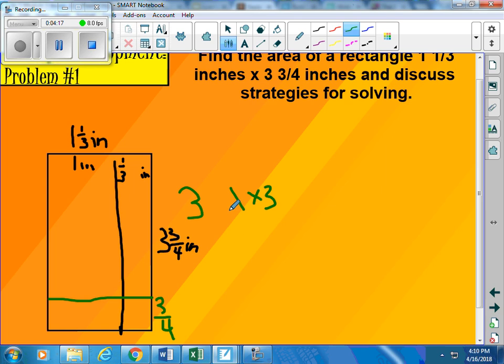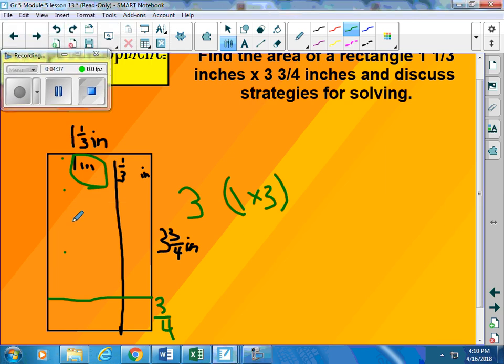So this box would be 3 wholes going down this way and 1 going across. So I would have 1 times 3. Now, that's not all I have on this section. I have that 1, but I also have this 1/3 that's 3 sections long. So I would have to add that together.